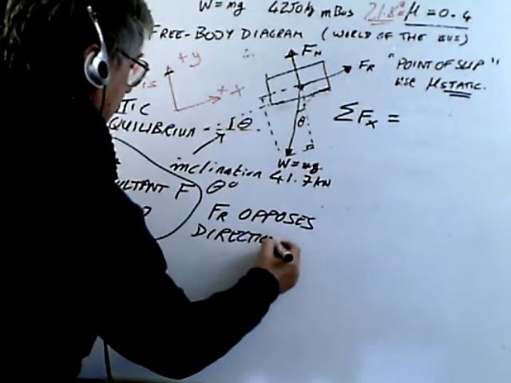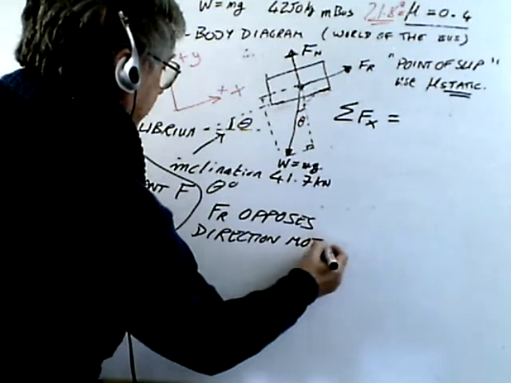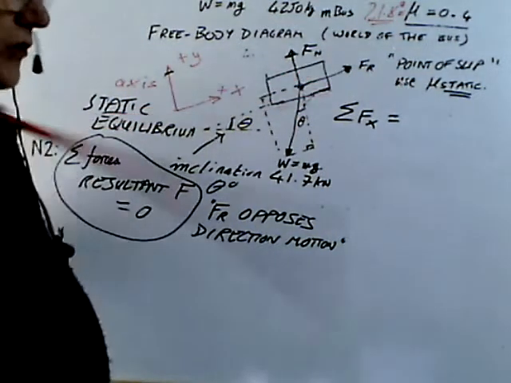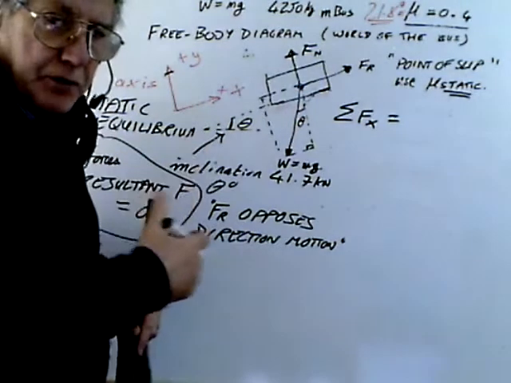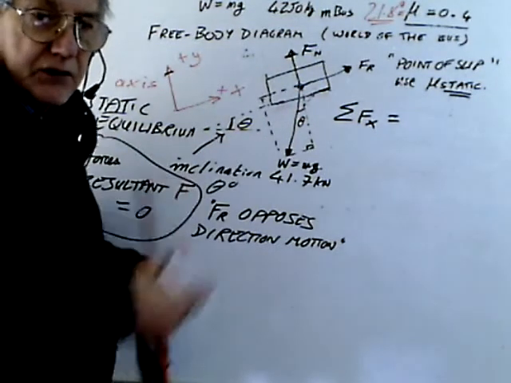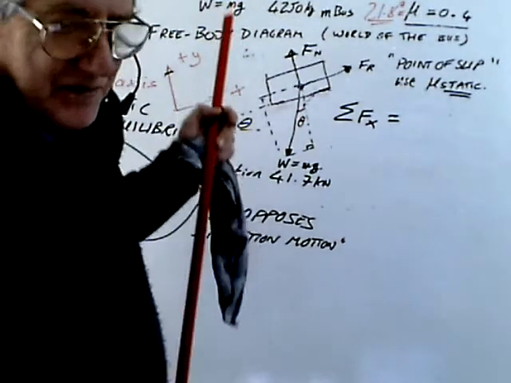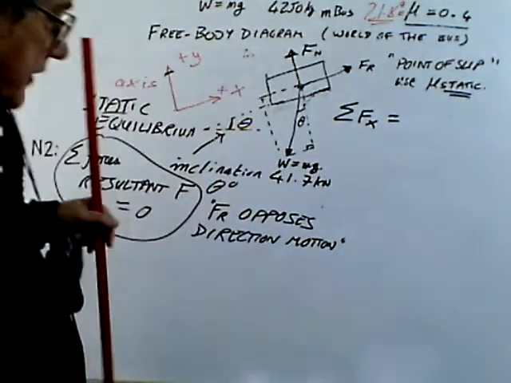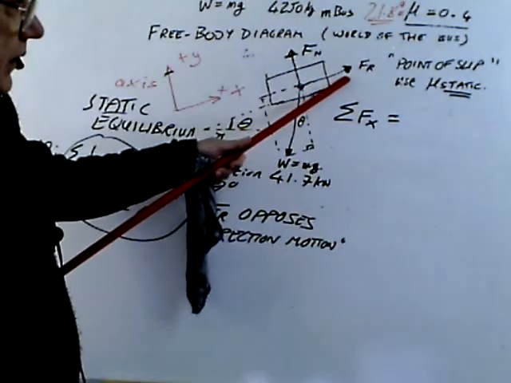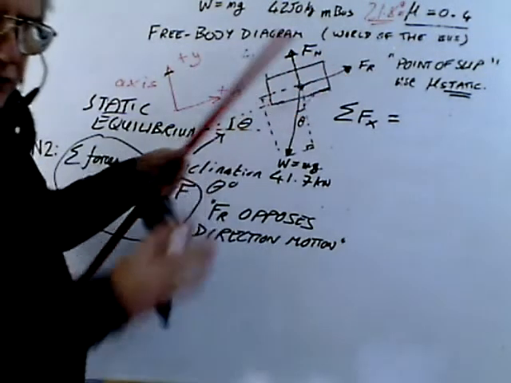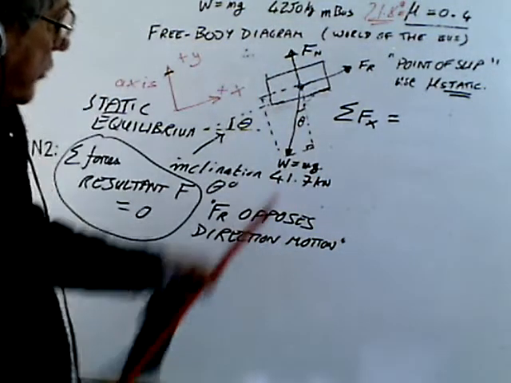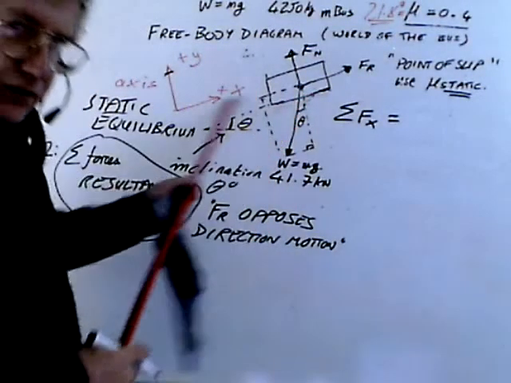That has to be because of conservation of energy. Because if it was in the same direction as the motion, there would be a force propelling the object and giving us free energy from nothing. And that doesn't happen. So that force has to be up the hill, because the natural tendency of the motion for this bus is down the hill.